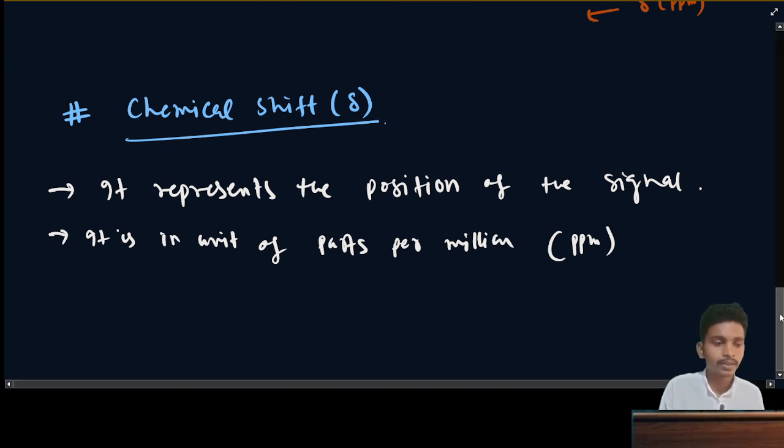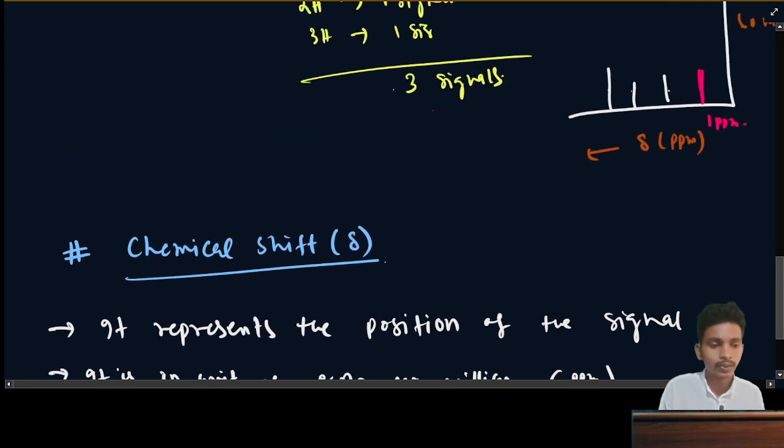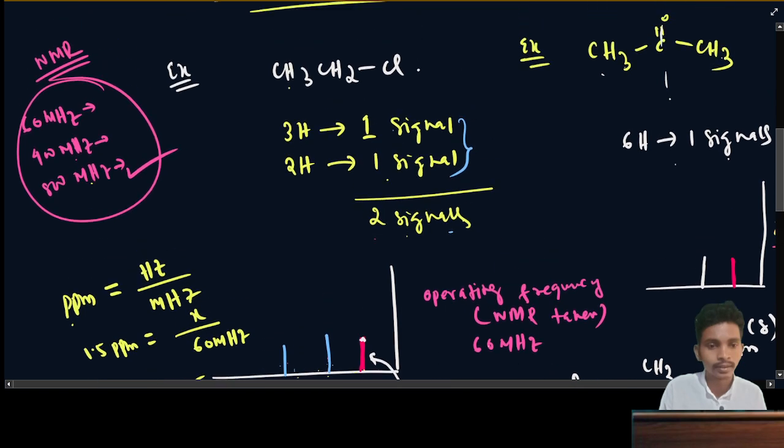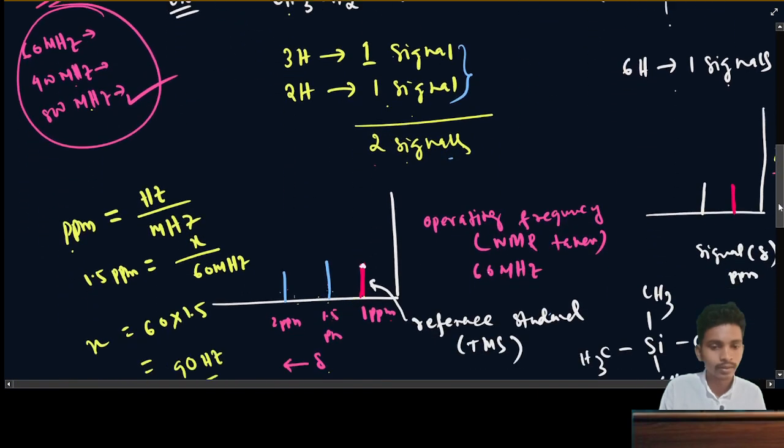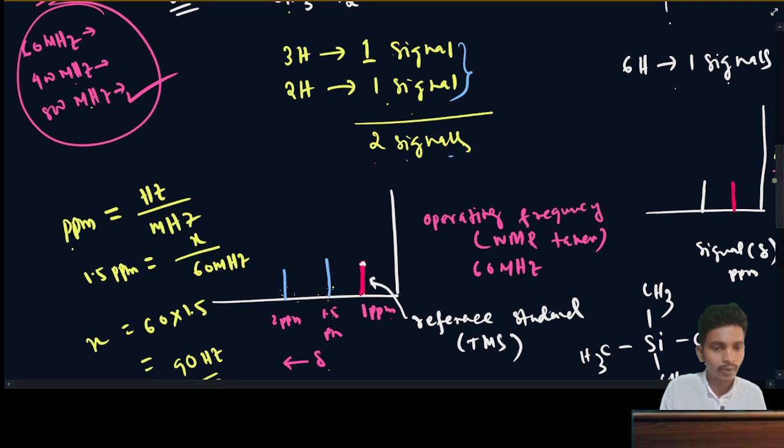Now the next point is that we have two signals here, but now I want to know whether this one signal is because of this or because of this. So I want to know that this 3H gave one signal, so let's say 3HA and let's say 3HB.